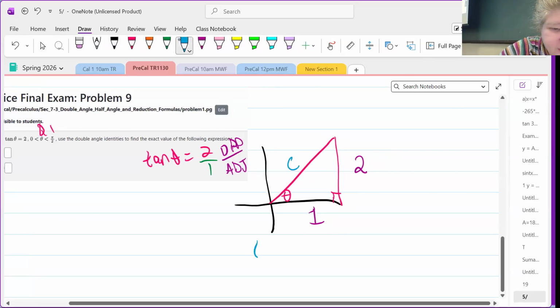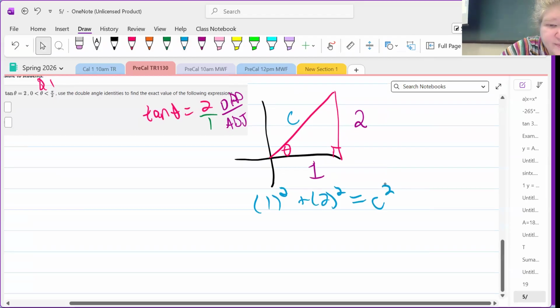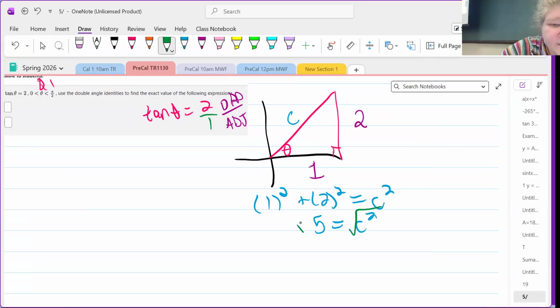So Pythagorean theorem, 1 squared plus 2 squared equals C squared. So I end up with 1 plus 4, which is 5. Now I did a square root, so I have that plus or minus question, but the hypotenuse is always positive. So our C value there is the positive square root of 5.